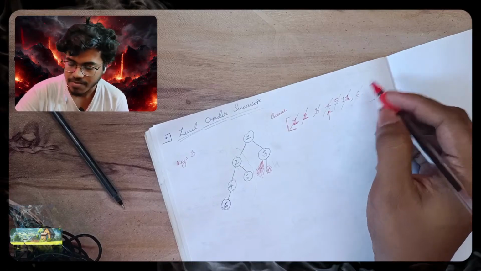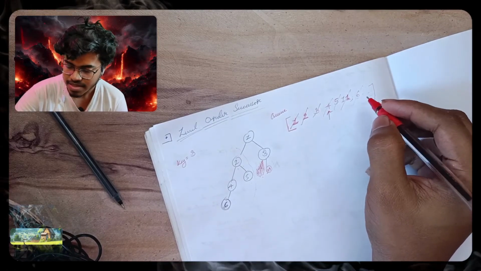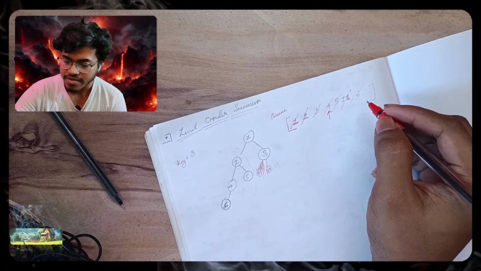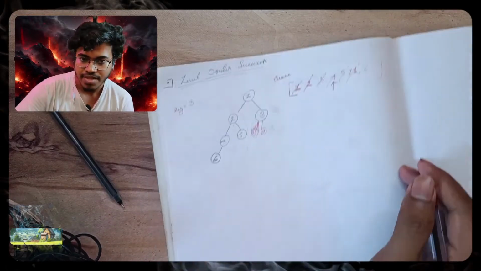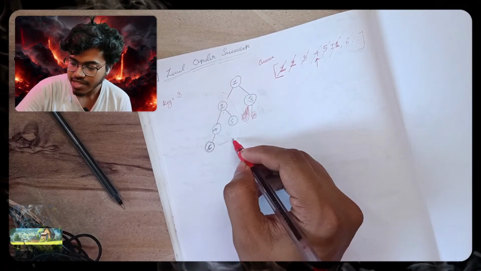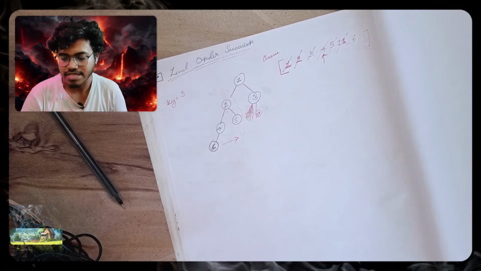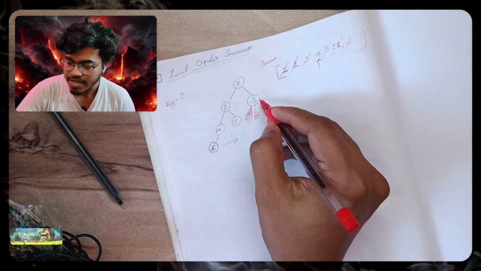So ultimately the queue will become empty in this case. If the queue becomes empty, then we have to infer that 6 does not have any successor.